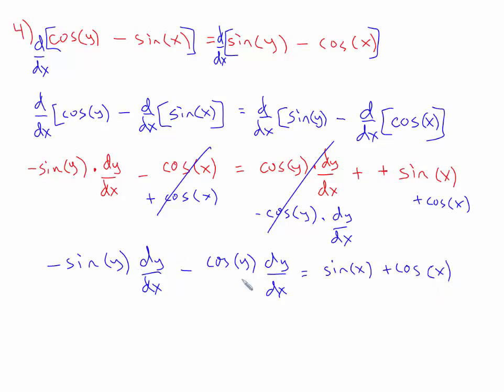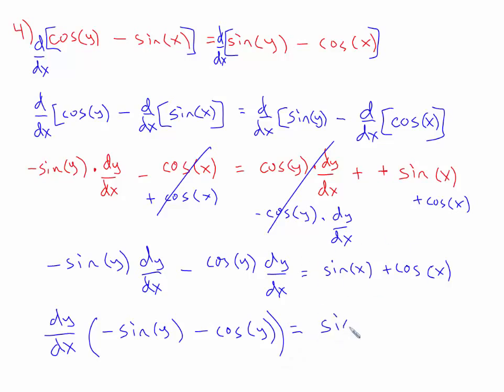Now that these are on the same side, we can factor out the dy/dx. We're left with negative sine y minus cosine y is equal to sine x plus cosine x.